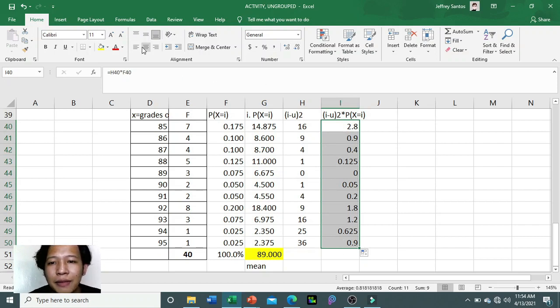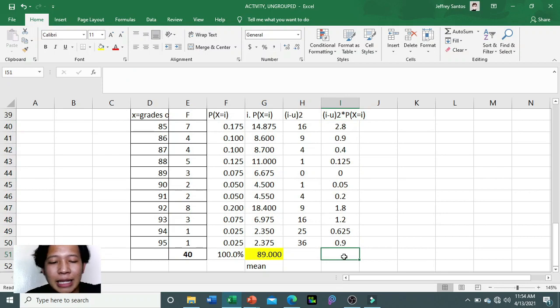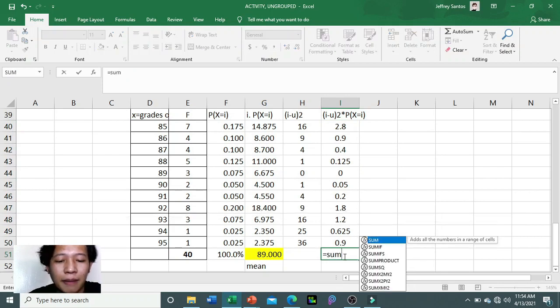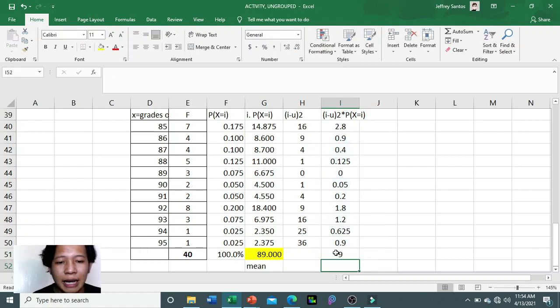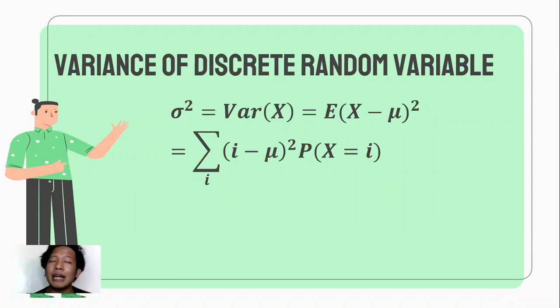We have here the products, and what we do is get the sum, from this point up to this point, which is 9. Hence, our variance would be 9. After getting the variance, we can get its standard deviation, or in this sense, the standard error.